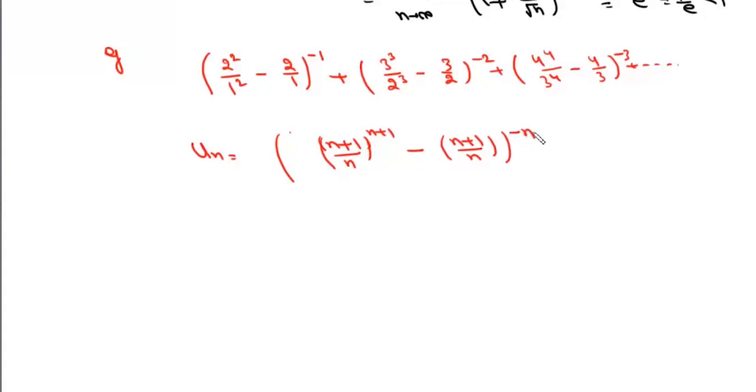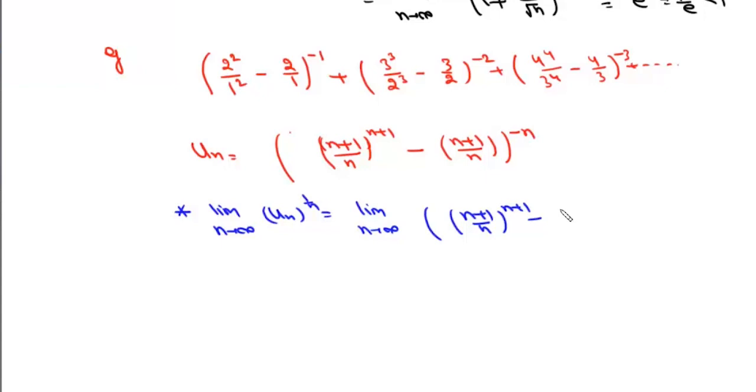Now in this case, this power is minus n. So for this also, we use Cauchy's nth root test. So we write this limit n tends to infinite un to the power 1 by n, and it will be this limit n tends to infinite. Now we take this power 1 by n, so this n and n will cancel, so we'll get n plus 1 upon n to the power n plus 1 minus n plus 1 upon n whole to the power minus 1.